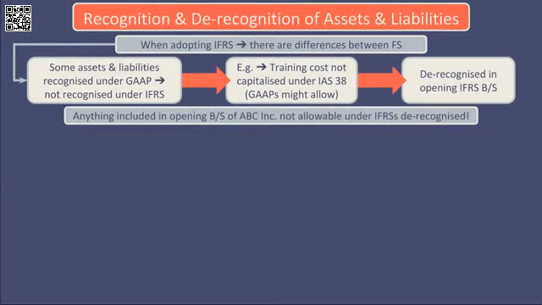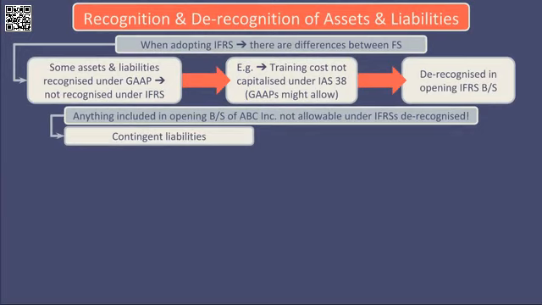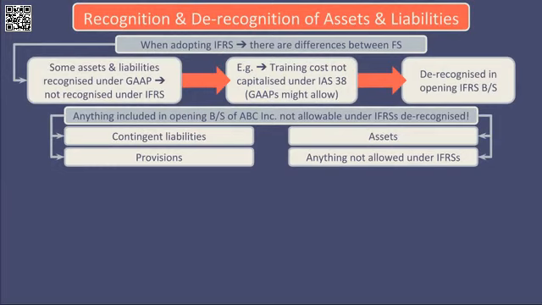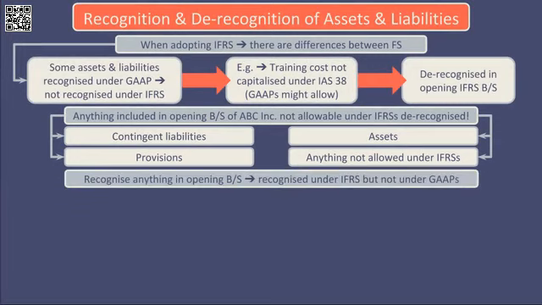In the example of ABC Incorporated, anything included in the opening balance sheet that is not allowable under IFRS is derecognised. That includes contingent liabilities, provisions, assets, or anything that is not allowed under IFRS. And if we are derecognising the assets and liabilities not allowed under IFRS, we should recognise the assets and liabilities that are allowed under IFRS and not under GAAP.